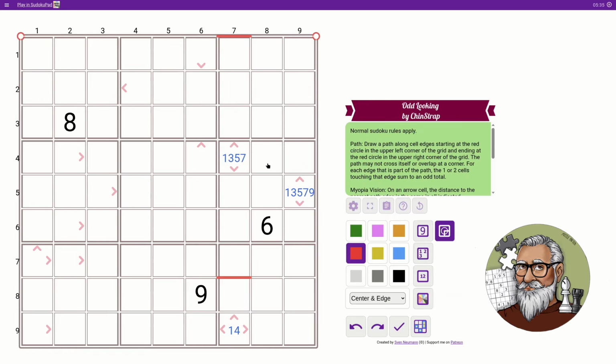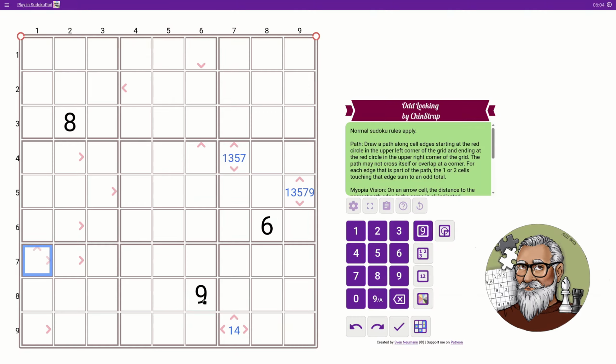Then I don't think there's anything that says I couldn't still have that configuration. I don't think I can eliminate it though. I can't eliminate 7 or 5 as well, because if I need a path on the right side of this cell, then I can eliminate 5 and 7. But I don't think I know that.